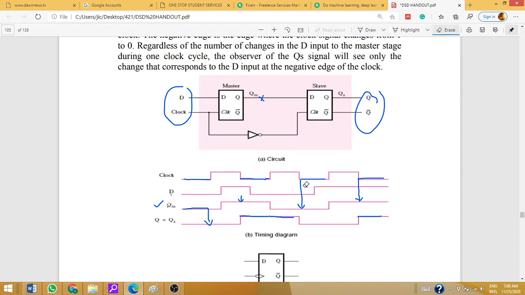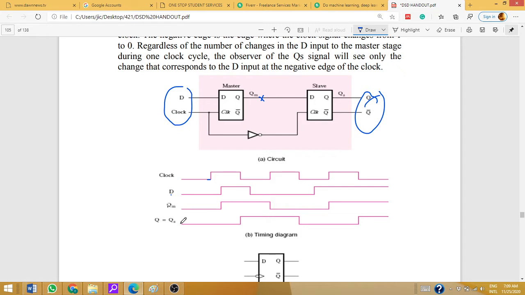Let me erase here. Now we are interested in D, clock and Q. Q bar is simply inverted, so we are interested in three things.